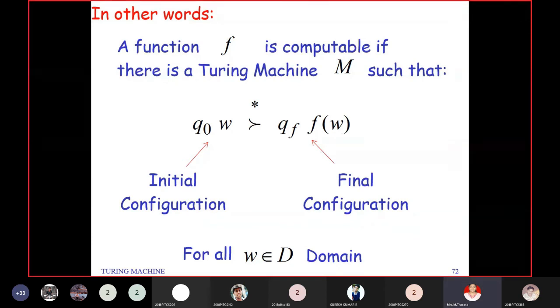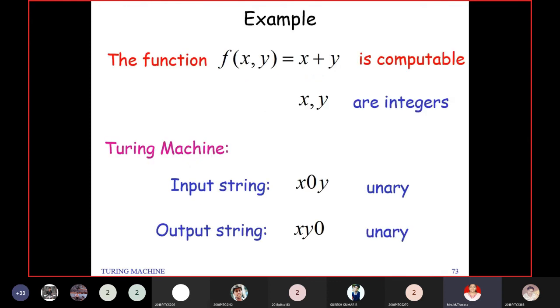In other words, a function f is computable if there is a Turing machine M such that q0 w, over multiple transitions, reaches the state qf with f of w as the final configuration. Clear? Now we'll see an example where you will be doing addition operations.